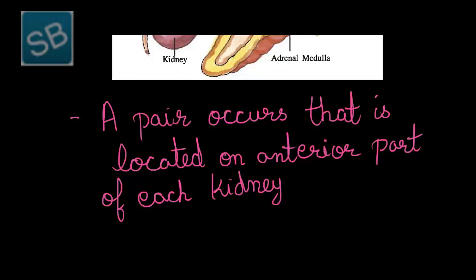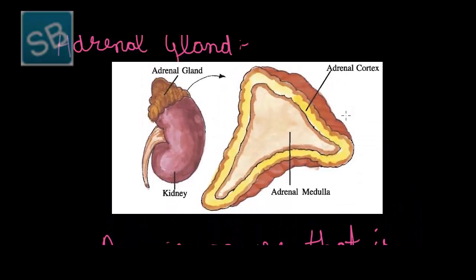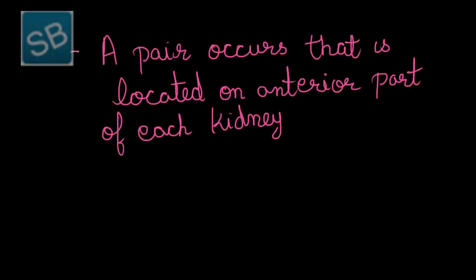As it can be seen from the figure, the adrenal gland is yellowish and conical in shape and consists of two layers, the outer adrenal cortex and the inner adrenal medulla.